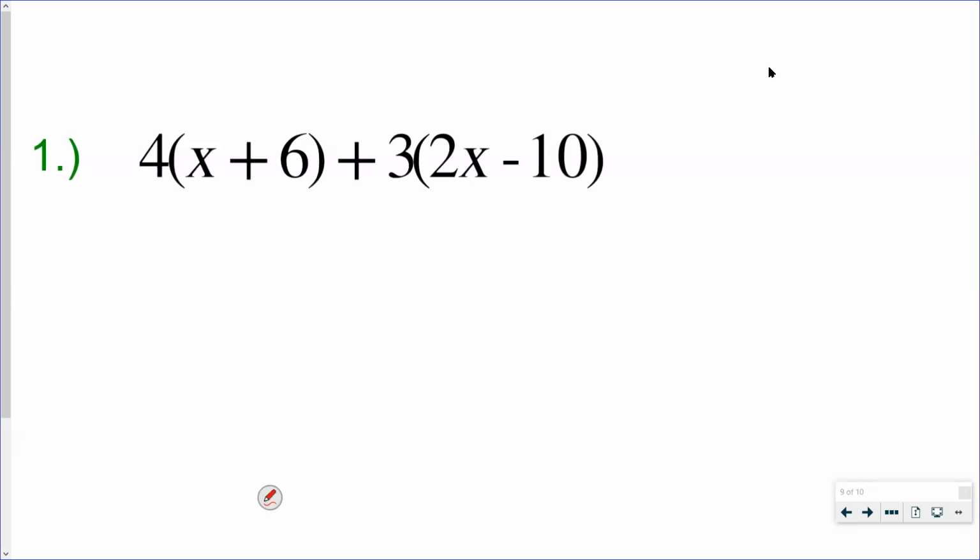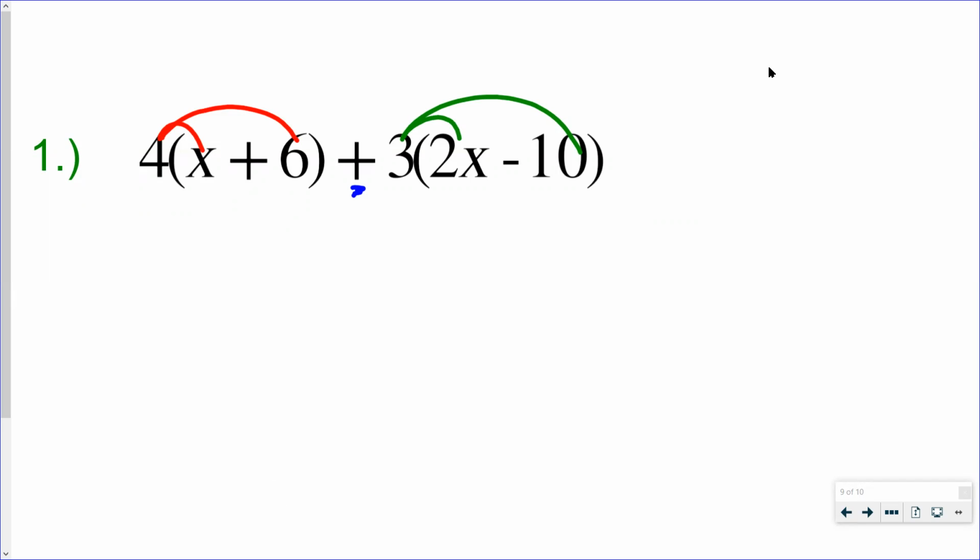Well, we have 2 sets of distribution that we have to do. First, we have to distribute the 4 to the x and the 6. Then we have to distribute the 3 to the 2x and the 10. The reason we don't distribute the 3 backwards is this plus sign right here. This plus sign is separating the 3 from the first parentheses, so that's why the 3 does not get distributed backwards.